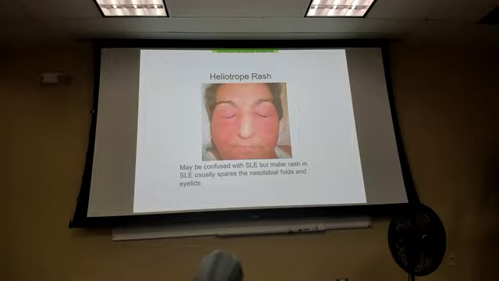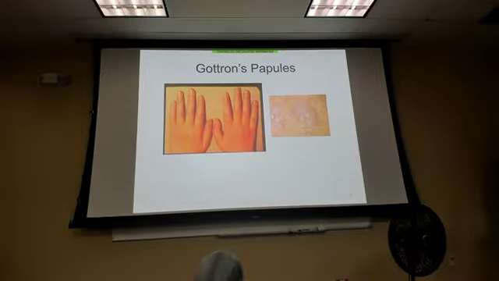So it's all over, whereas lupus misses those spots. Another pathognomonic finding is Gottron's papules as seen on the joints. On the left, you can definitely see MCPs, DIPs, PIPs. They're all over there.